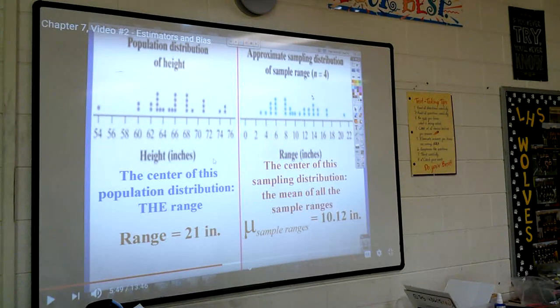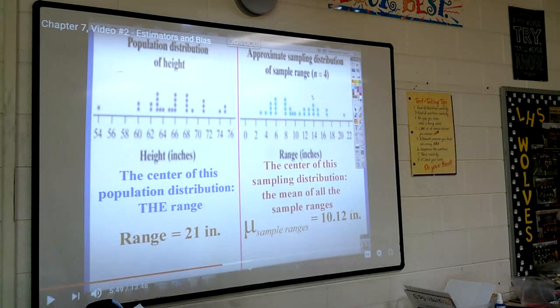Now in our sampling distribution, the range actually goes from 21 to about 3. Okay, it actually goes even smaller than that. But the mean of all the ranges, so these are every different range that you might get, is 10.12.